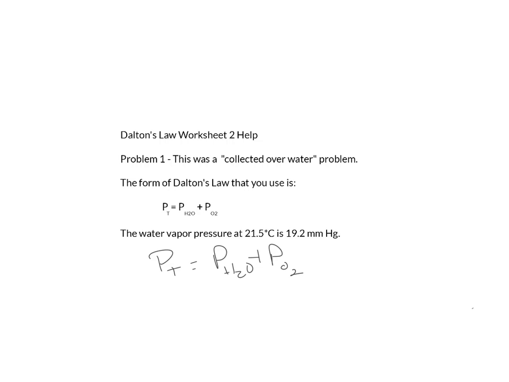You were given the total pressure to be 738.2 mmHg, and then you were told the water vapor pressure at 21.5 Celsius is 19.2 mmHg, and then that would just leave you to manipulate and solve for the pressure of the oxygen.